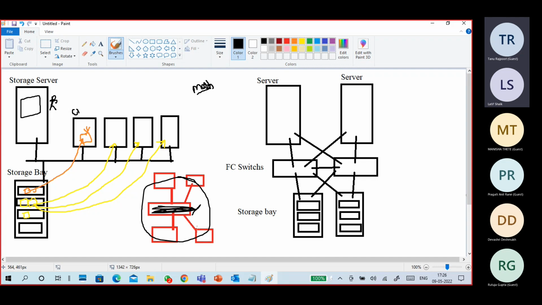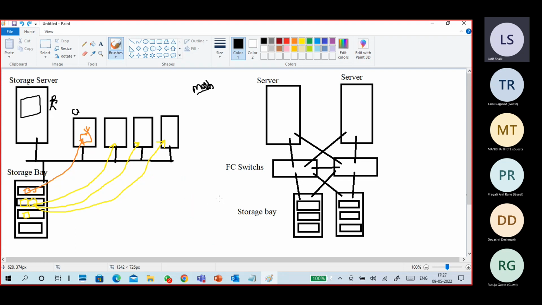Centralized device damage, total network is failure. But here it is not happening. Why? Because the devices are connected through different switches also. Switch 1, switch 2, both are connected to each other, and different paths are connected like this. So if one switch is down, no problem. Through the other switch we can connect.